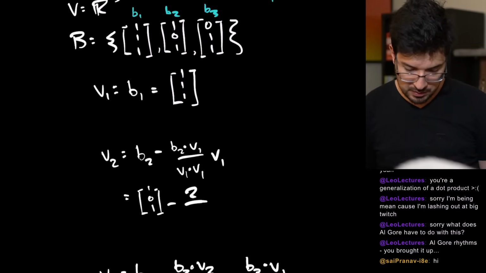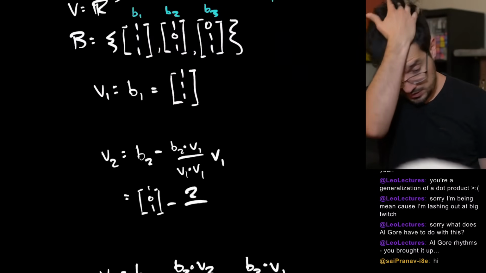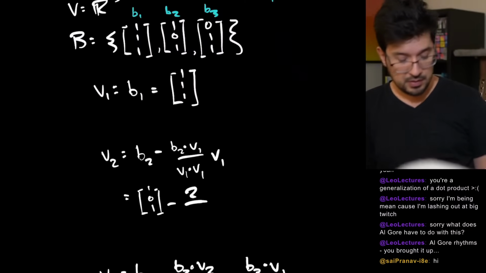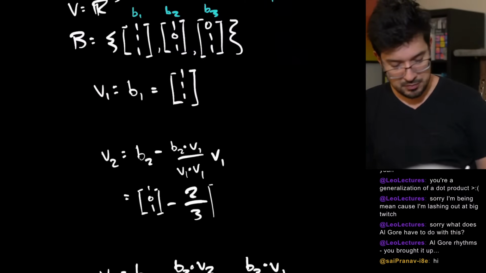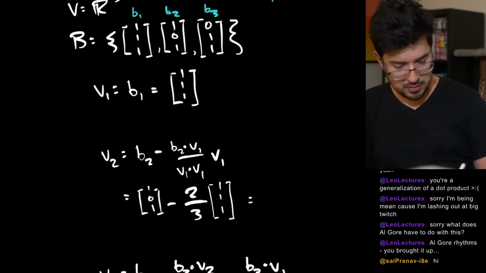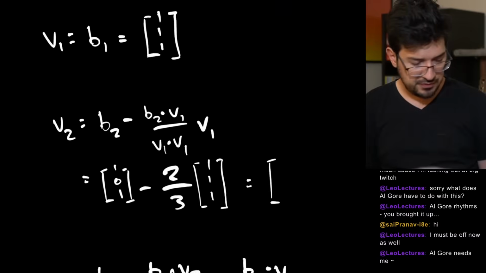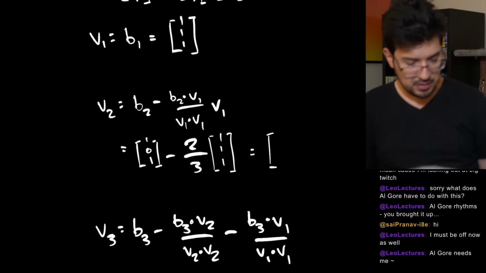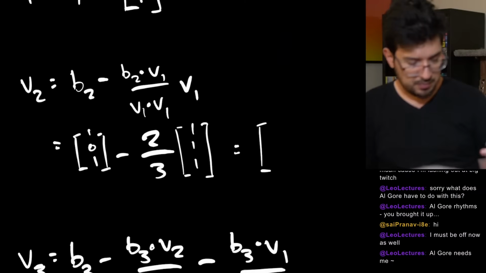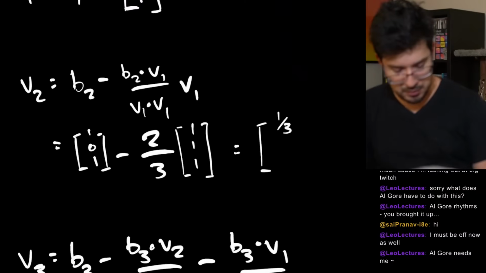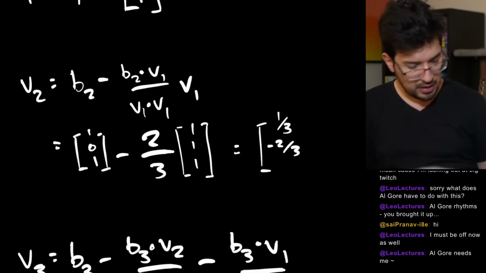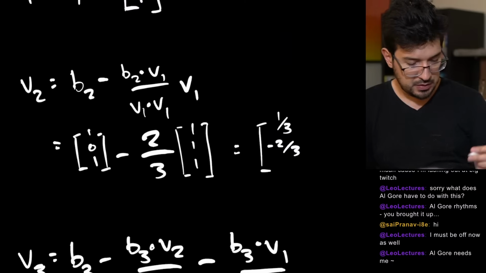But I'm having fun. V1 dot V1 is 3 times V1. So now V2 is 1 minus 2/3, 0 minus 2/3, and 1 minus 2/3.